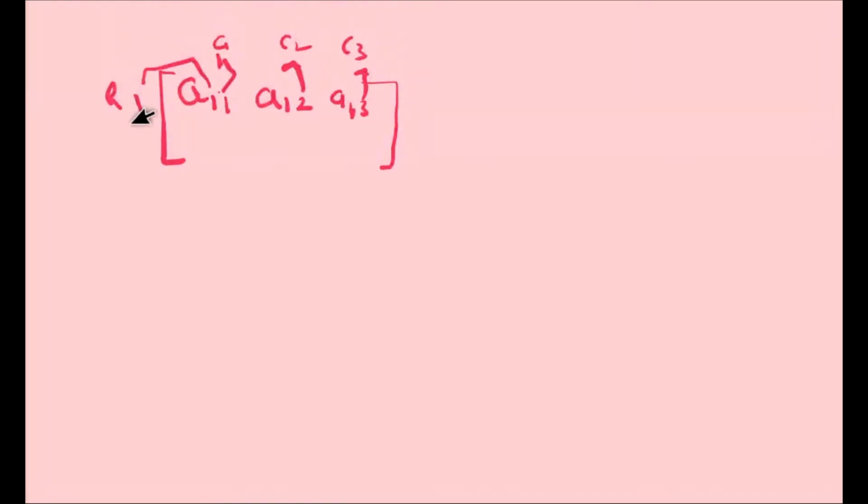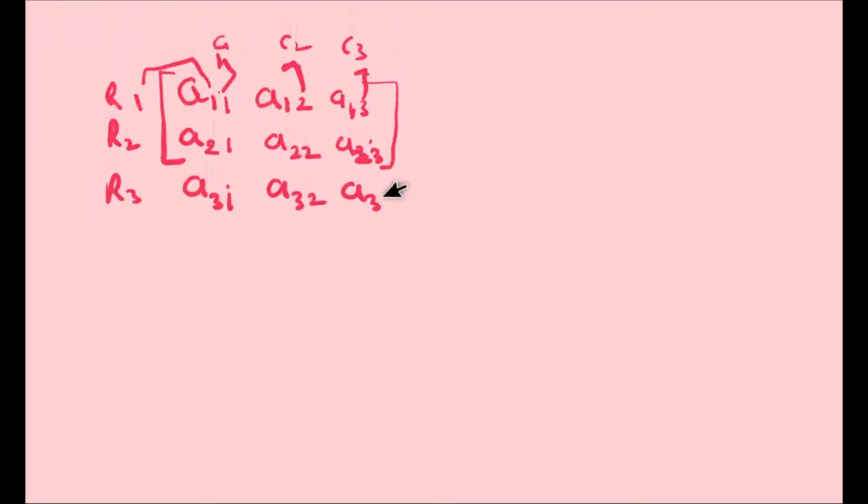Similarly, if it is row 2, then A21 is row 2 and column 1, A22 is row 2 and column 2, and A23 is row 2 and column 3. Similarly, for row 3, A31 is column 1, A32 is row 3 and column 2, and A33 is row 3 and column 3.